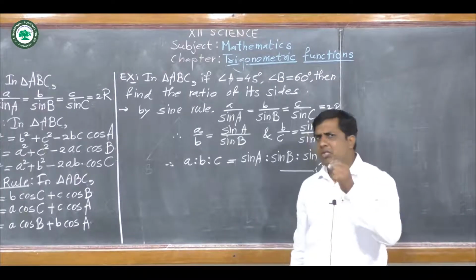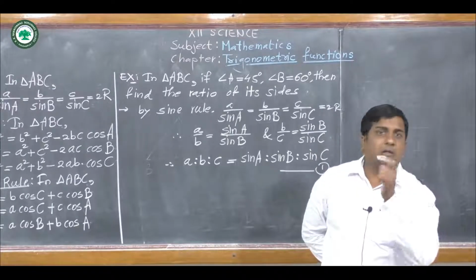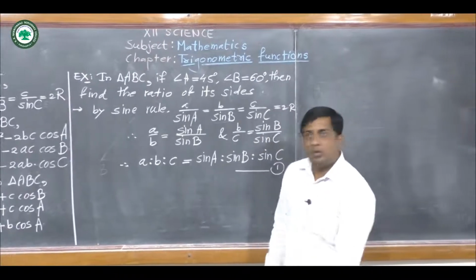Now, everyone knows in triangle ABC, the sum of the angles is 180 degrees.